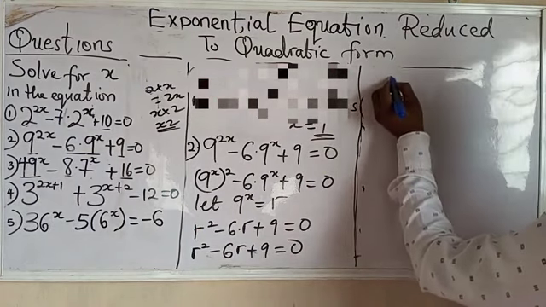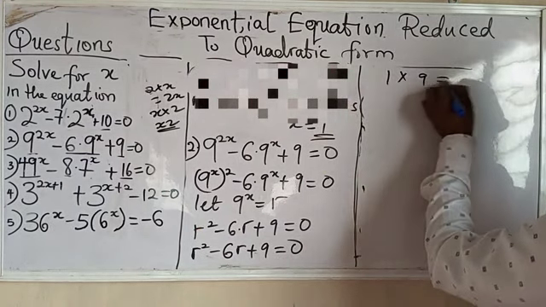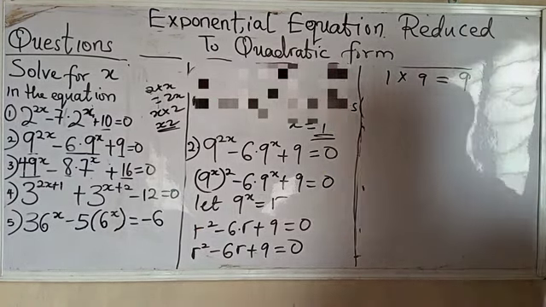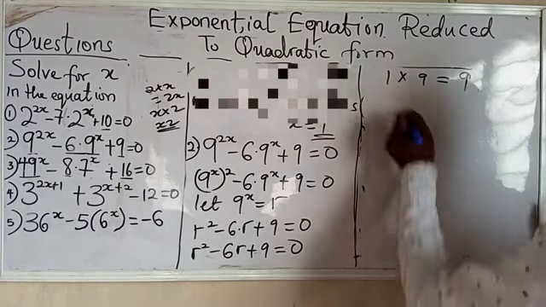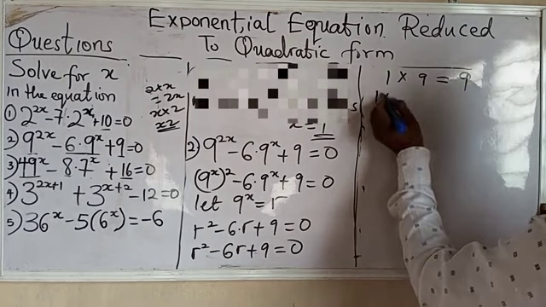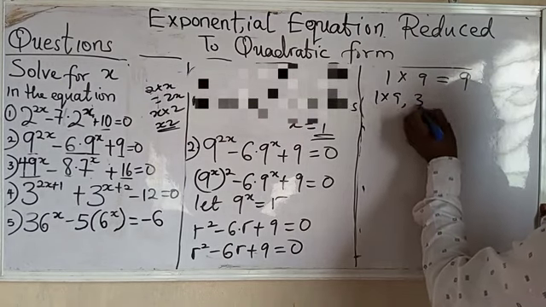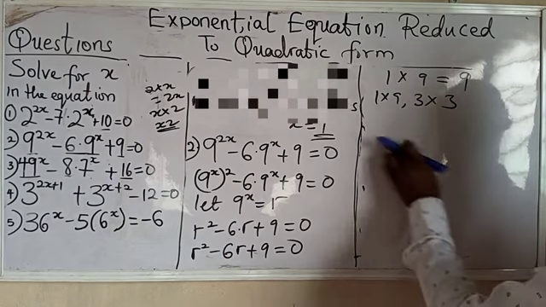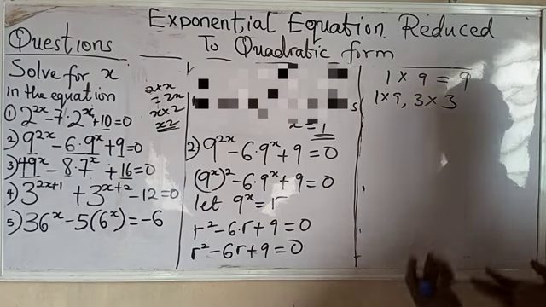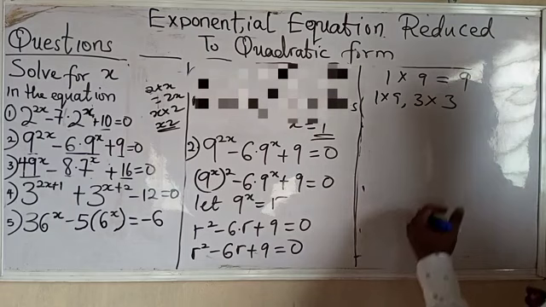So the first thing I will do is say 1 times 9, and that is 9. You just write the combinations of two numbers that when you multiply them give us 9. Like we have 1 times 9, we have 3 times 3. So let's use this. Now, from here, you just pick.